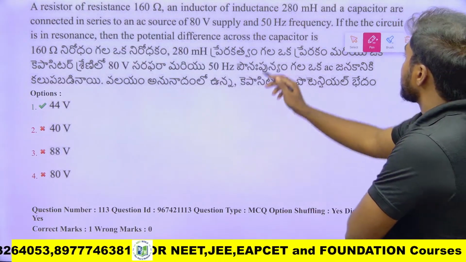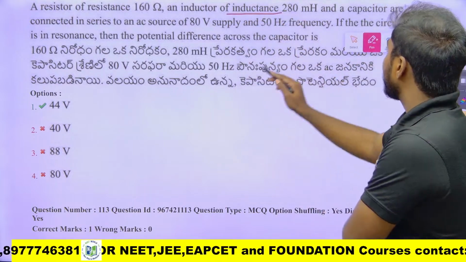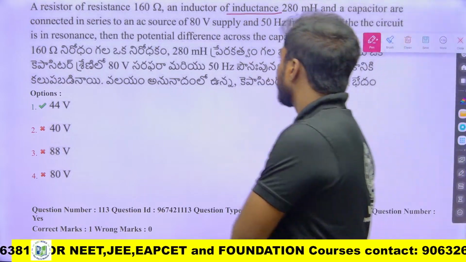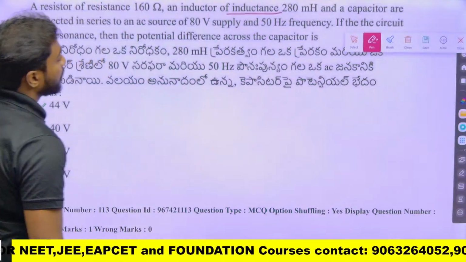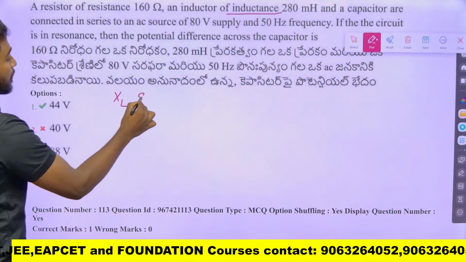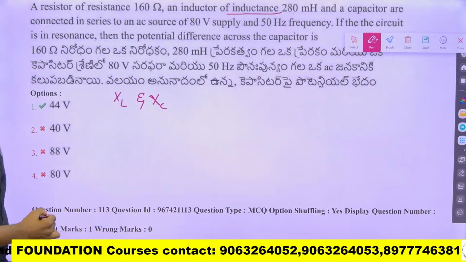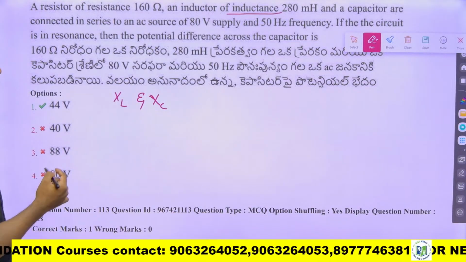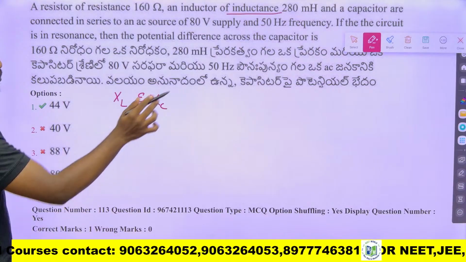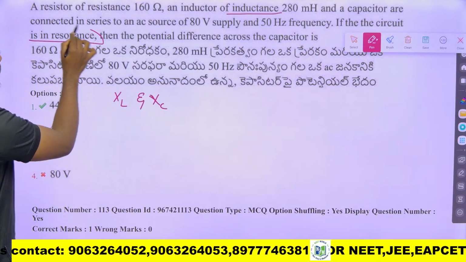Inductance is given, and the capacitance is given. Inductive reactance XL and capacitive reactance XC, we know the formula for both of them. One thing we should note here is that it is in resonance.